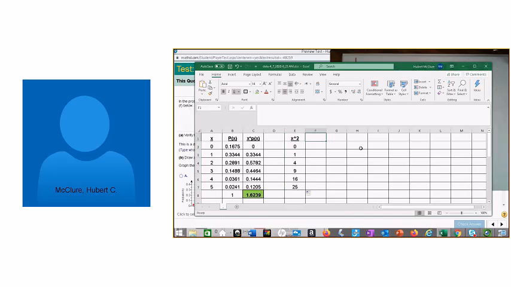And then X squared times P of X, so that's going to be equal to X squared times P of X. Make sure you pick the right one. Sometimes I pick the wrong one. Don't pick this one, pick this one. And then you've got to add that up.